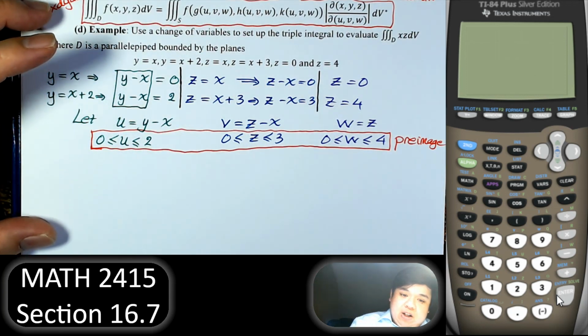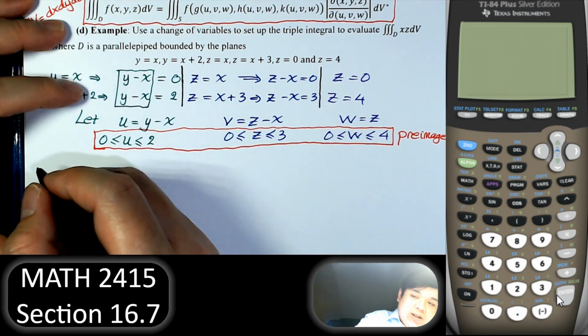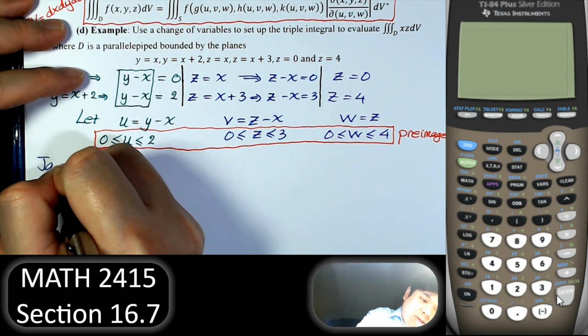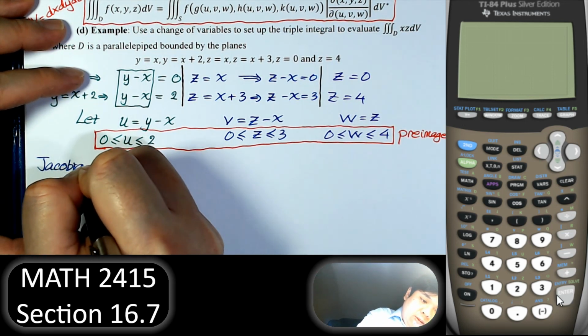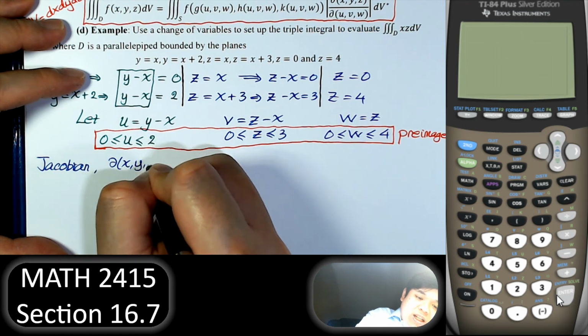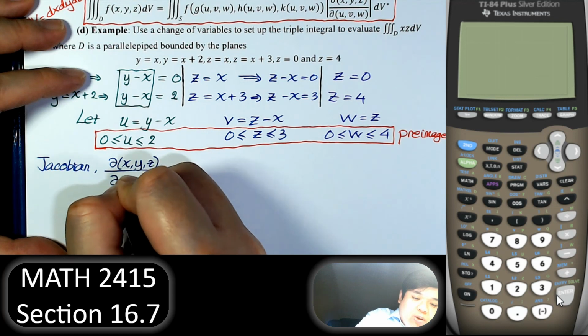Right, let's find the Jacobian. Derivative of x, y, z with respect to u, v, w.